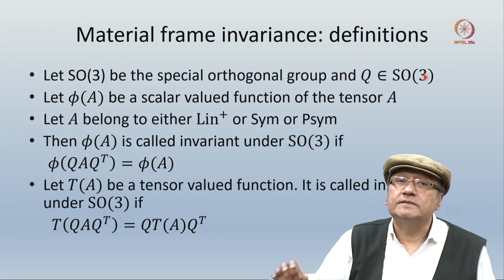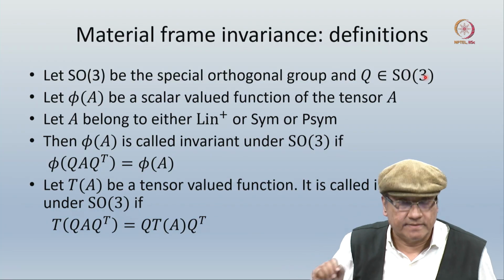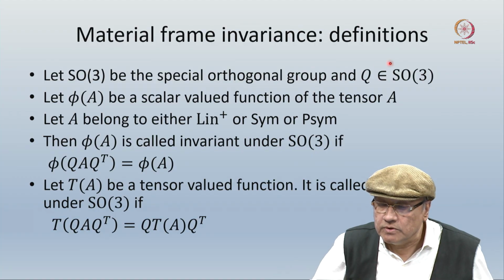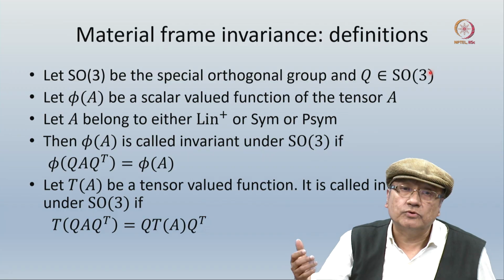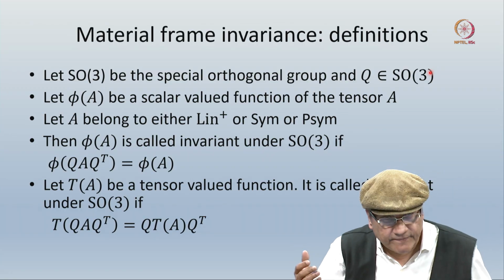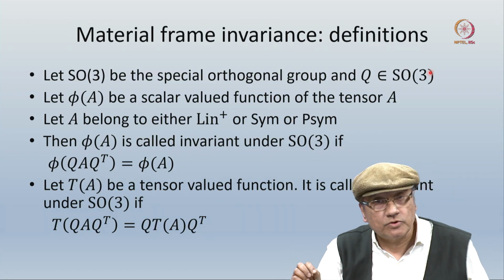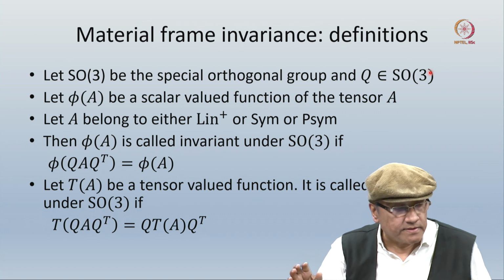Identity rotation, which is no rotation at all, leaves the body as it is, okay, that also belongs to this SO3. And moreover, the inverse of the rotation, which is basically Q transposed, if Q is the rotation, also belongs to SO3. These are the three requirements of forming a group.